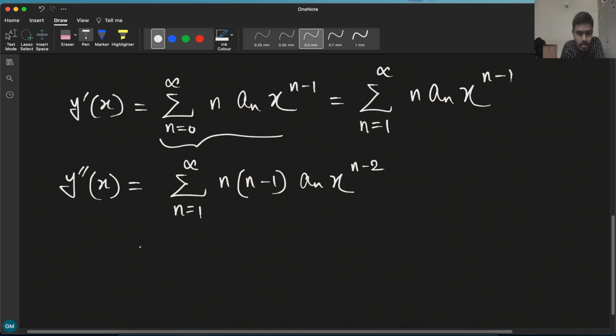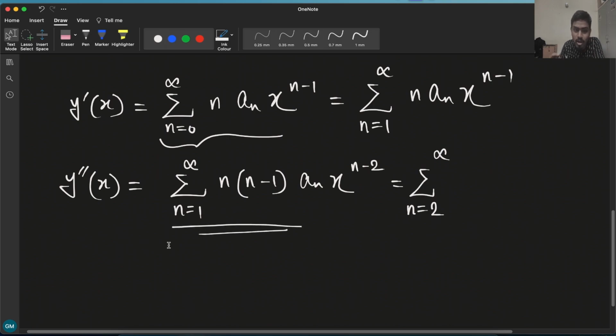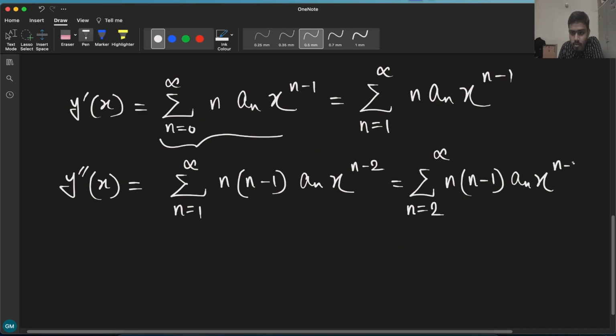And here I can write it also as n equals 2 to infinity, because if I put n equals 1, that term is 0, so I can start from n equals 2. Fine.